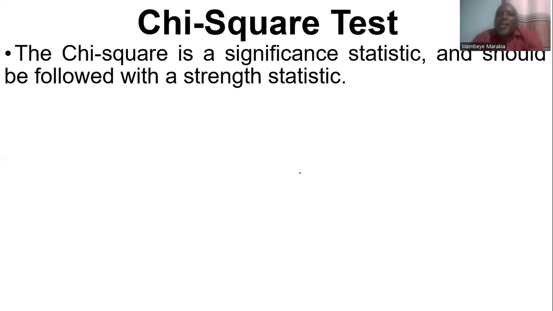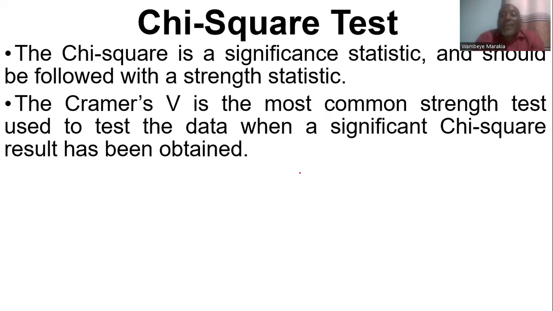The chi-square is a significant statistic, but it only gives us the association. If we want to know the strength of the statistic, we have to follow this with Cramer's V test, so that we may know the strength of the test.